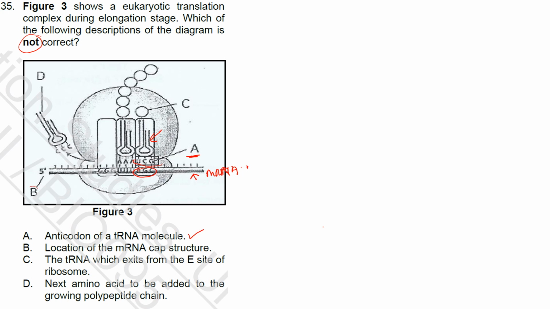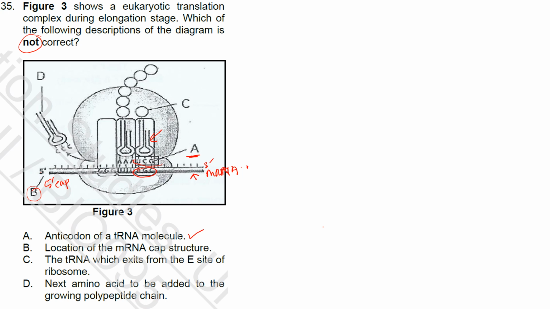B, location of mRNA cap structure. The mRNA has two ends, the 5' end and the 3' end. At the 5' end you have the 5' cap, and at the 3' end you have the poly A tail. The 5' cap and the poly A tail have several functions.